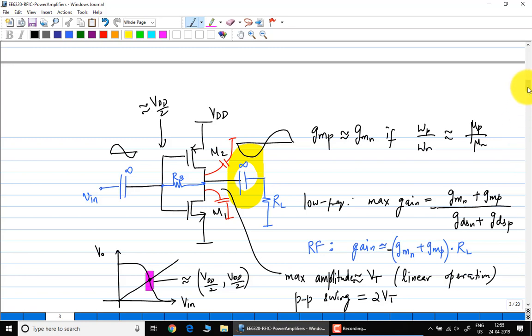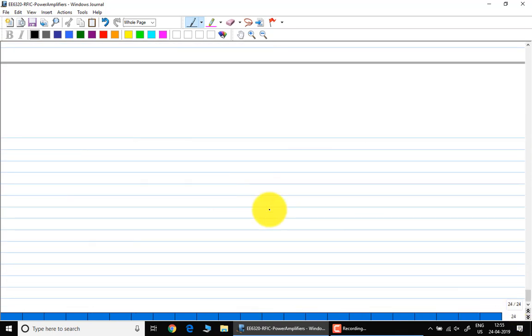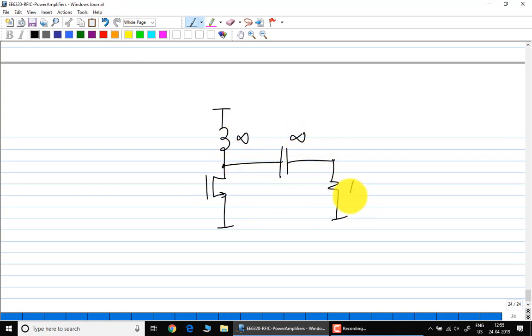But let us say I want to make this here. How will I do it? I am going to dispense now with all the input matching, output matching, the cascode, the matching networks, etc., to take the simplest possible PA and then explain it.